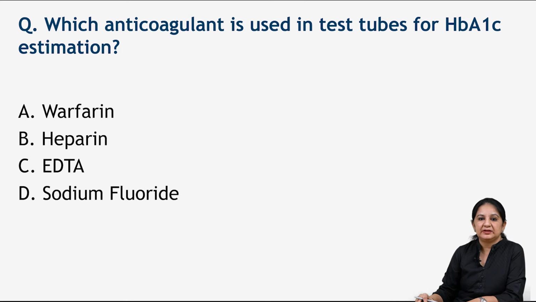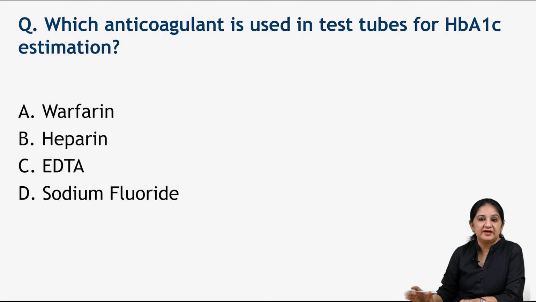Which anticoagulant is used in test tubes for HbA1c estimation? Now for what is HbA1c estimation used? For diabetes, right? The long-term control of diabetes. But please note, this HbA1c has nothing to do with the glucose estimation.